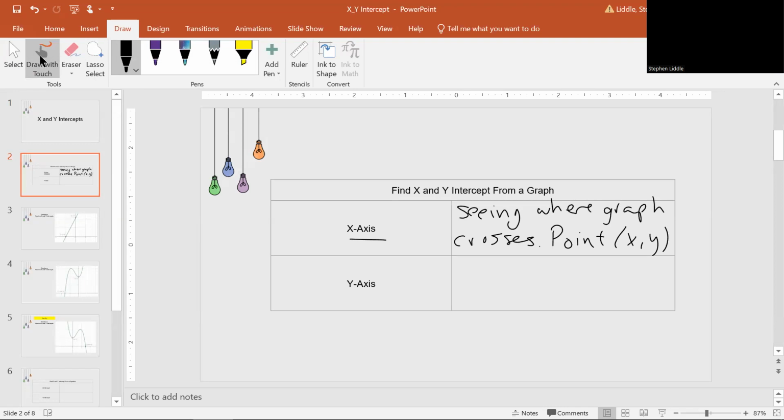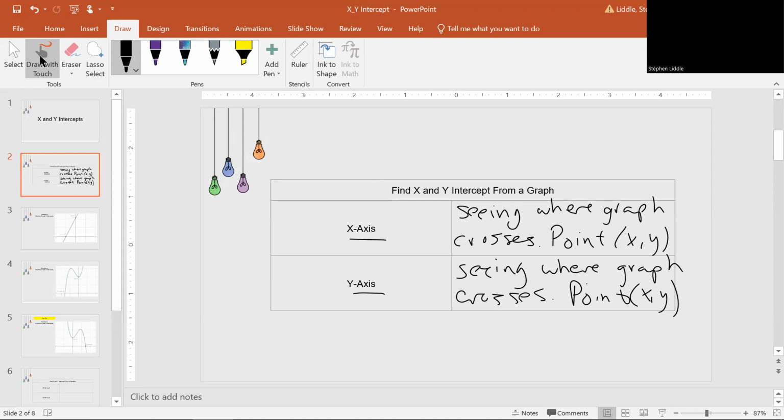When we're looking for the y-axis or our y-intercepts, it's the same thing. We're seeing where the graph crosses. And that point, x comma y, whatever it is, is going to be our y-intercept from our y-axis.